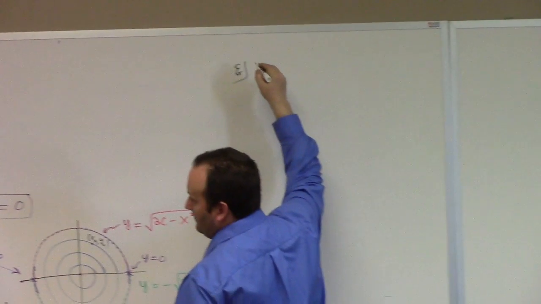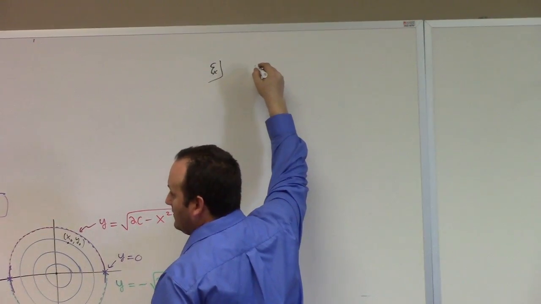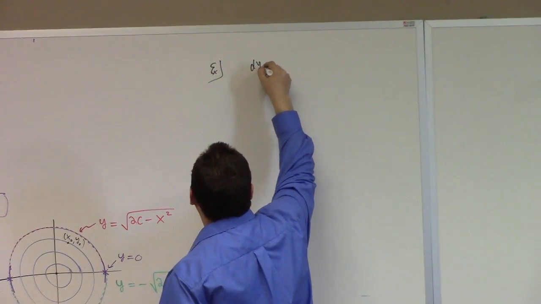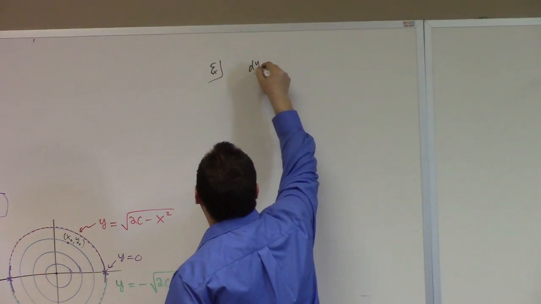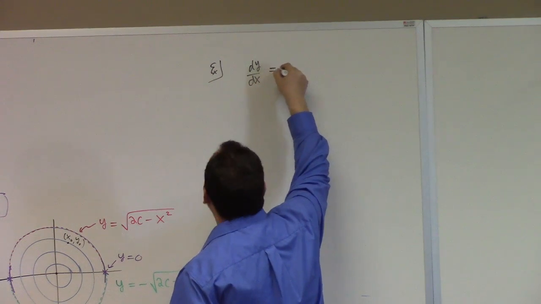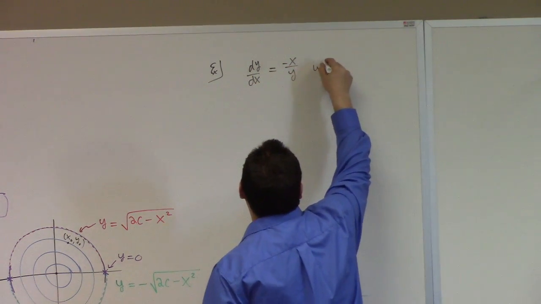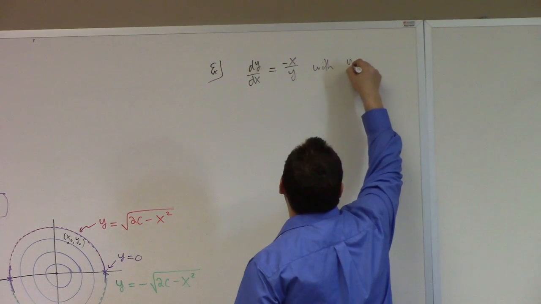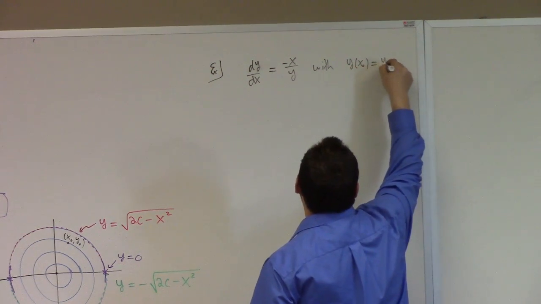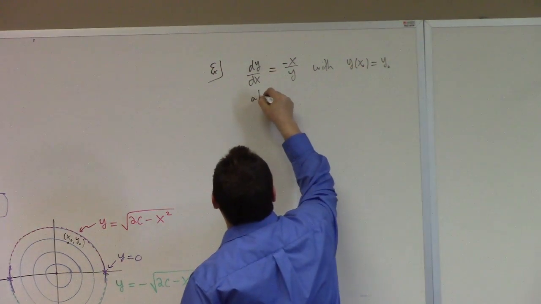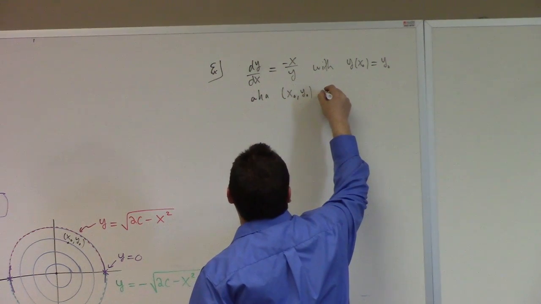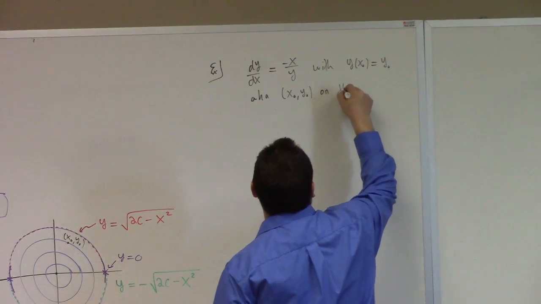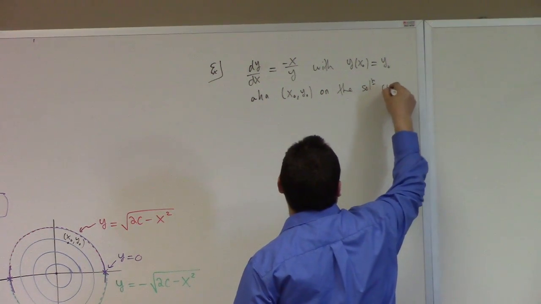If I want to build a data point into the differential equation, I start in the same place, so I'm trying to solve dy/dx equals minus x over y with y of x naught equals y naught, AKA x naught, y naught on the solution curve.